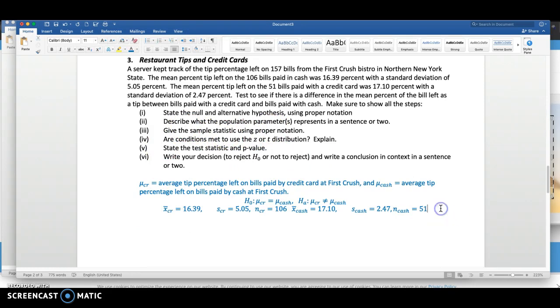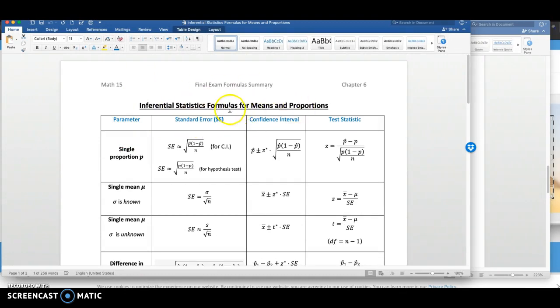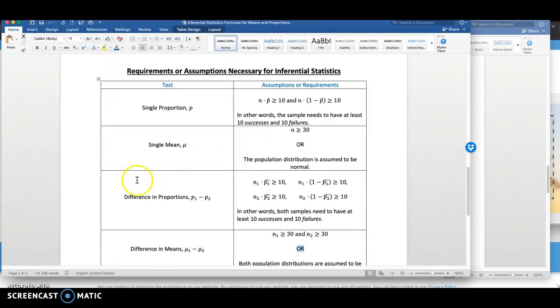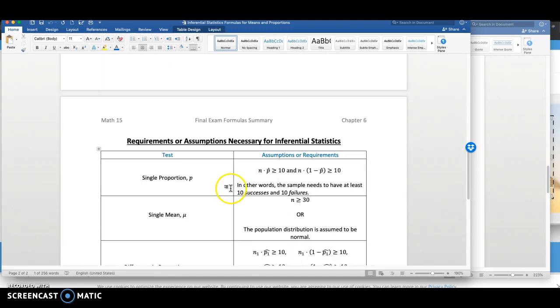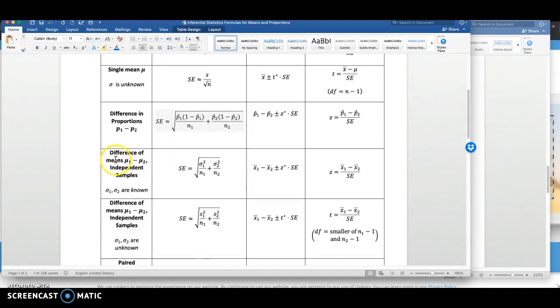Are conditions met to use the Z or T distribution? This is the inferential statistics formulas for chapter 6. We're looking at a difference in means. So we need either sample sizes of at least 30, or both populations have to be assumed to be normally distributed. And then are we doing T versus Z?